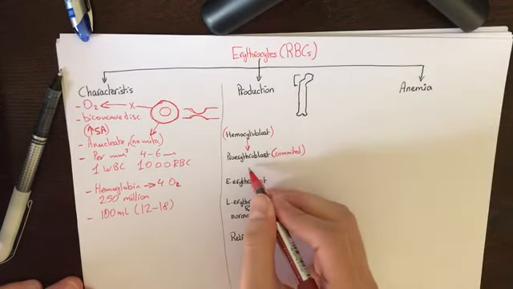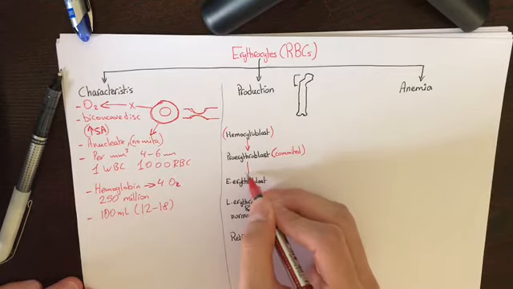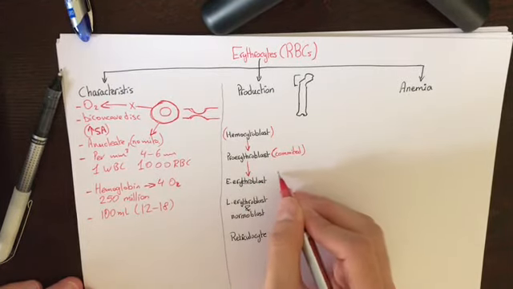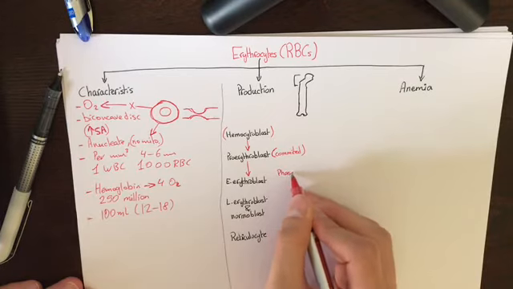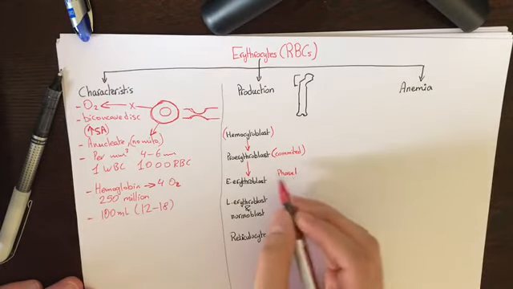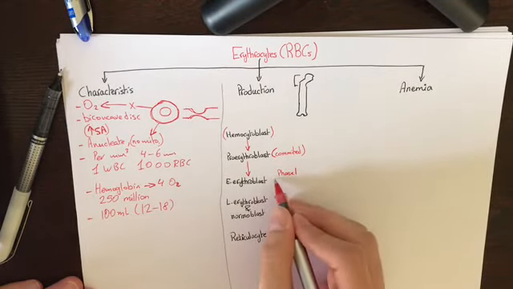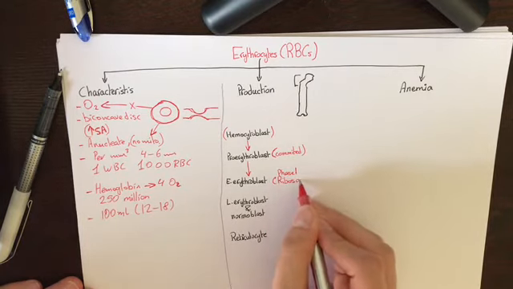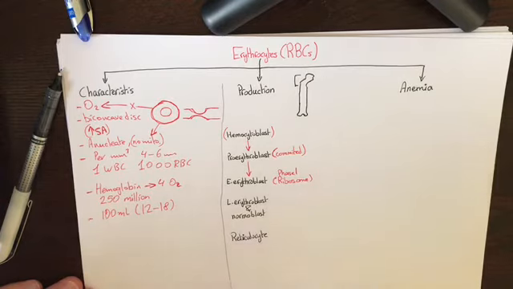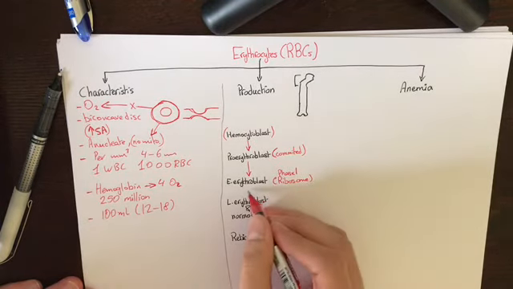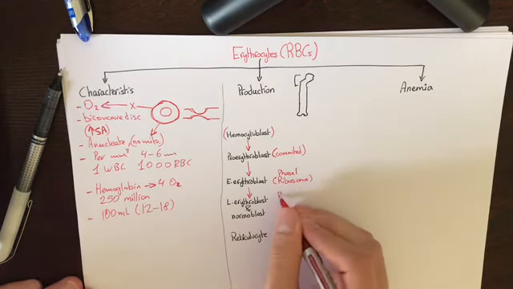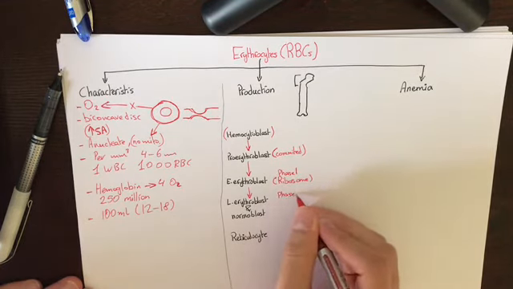Then the proerythroblast will change into the early erythroblast. So we will have here phase 1. What will happen in phase 1 is that in the early erythroblast we're going to have ribosome synthesis. Then the early erythroblast will change into the late erythroblast and normoblast, in which we will have phase 2.